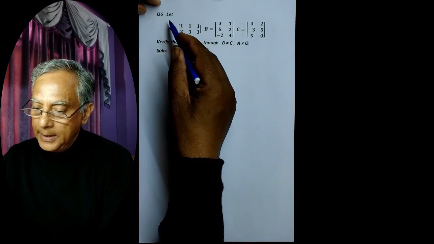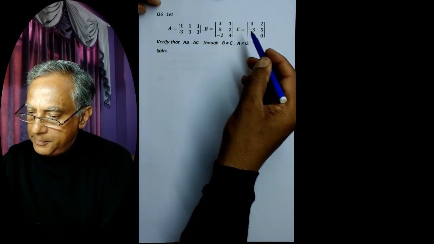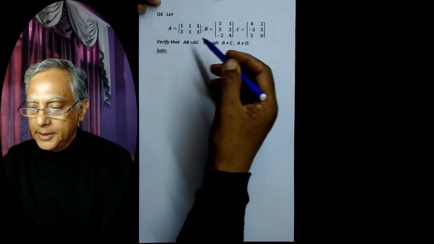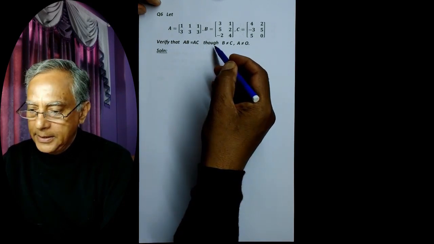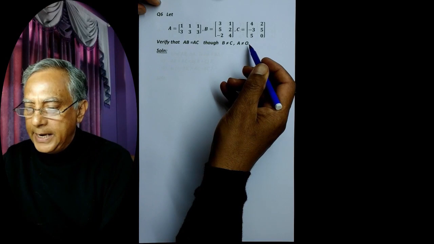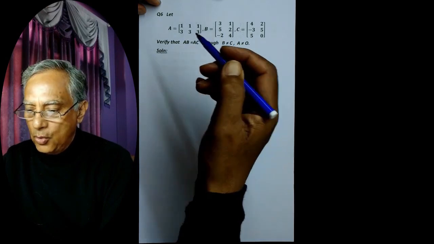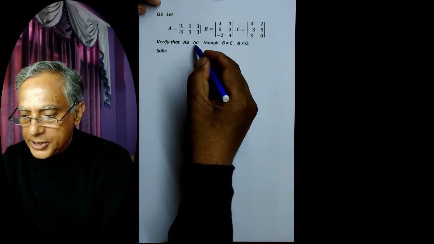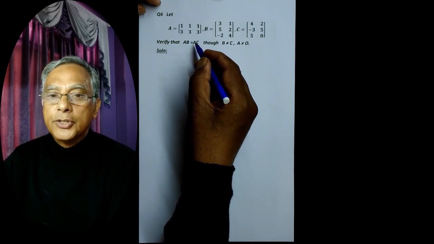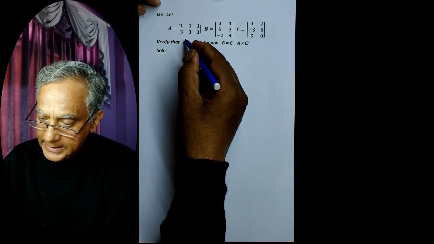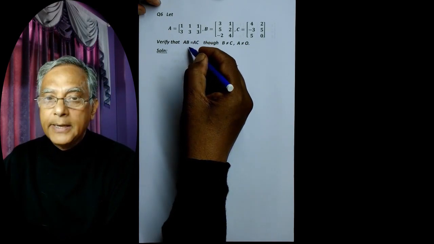Now first is, let A be this much, B be this much, and C is this one. Verify that AB is equal to AC. Now B is not equal to C and A is not equal to 0. This is the first situation we are studying in which cancellation law is not true. That is, this A cannot be cancelled.